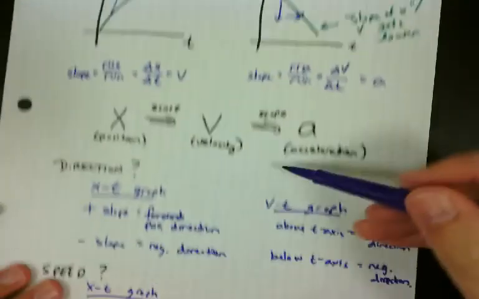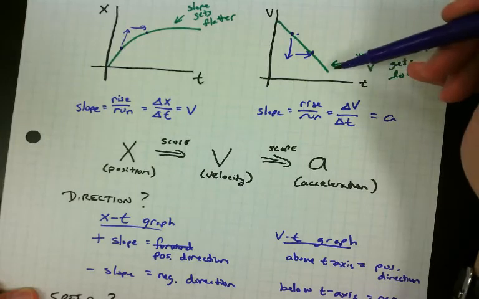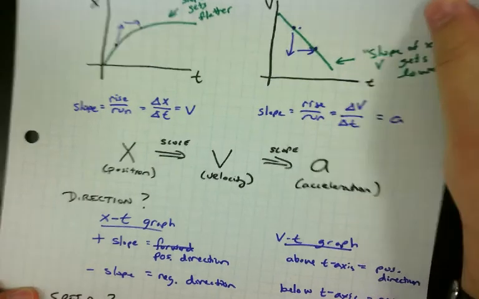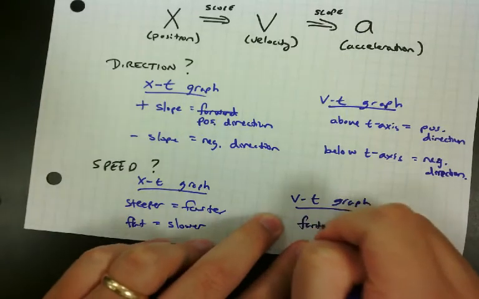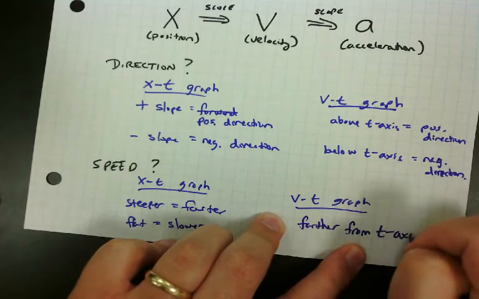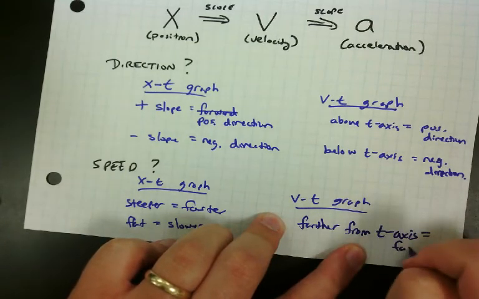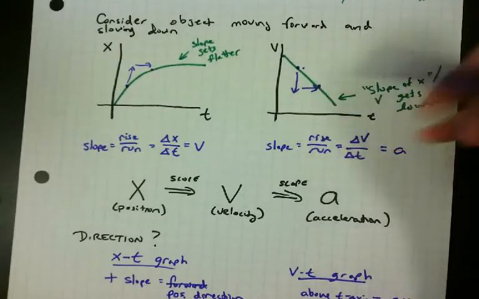All right. What does it mean in a velocity time graph? Well, let's look at this again. If I'm slowing down, how do I know I'm slowing down? I'm slowing down because my velocity is getting closer and closer to zero. So in other words, if you are farther from the t-axis, you're going faster. So up here I'm going faster because I'm far away from the t-axis.